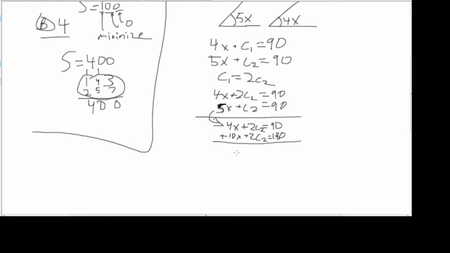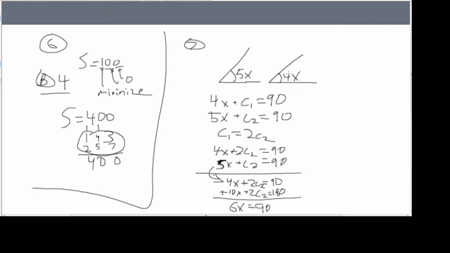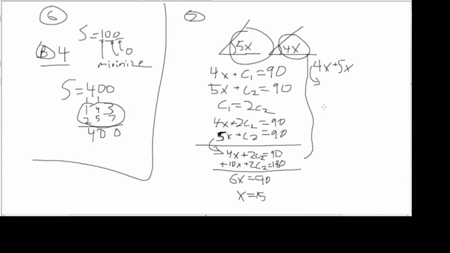If you know how to do systems of equations, you should get 6x is equal to 90 and x should equal 15. Now looking back up here, these are the two angles and they want the sum of the angles, so 4x plus 5x, which is equal to 4 times 15 is 60, plus 5 times 15 is 75, which is equal to 135 degrees if you want to be exact. So your answer is C.